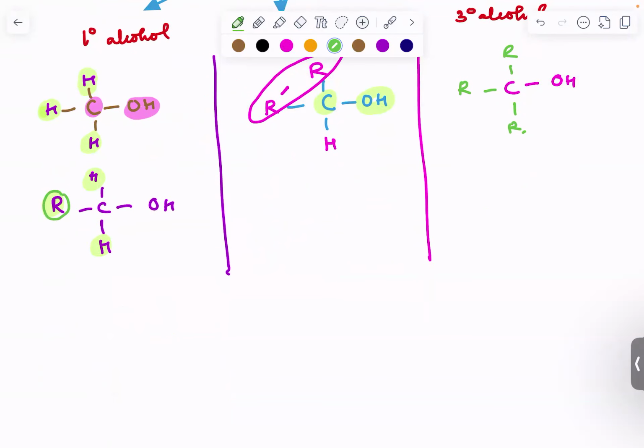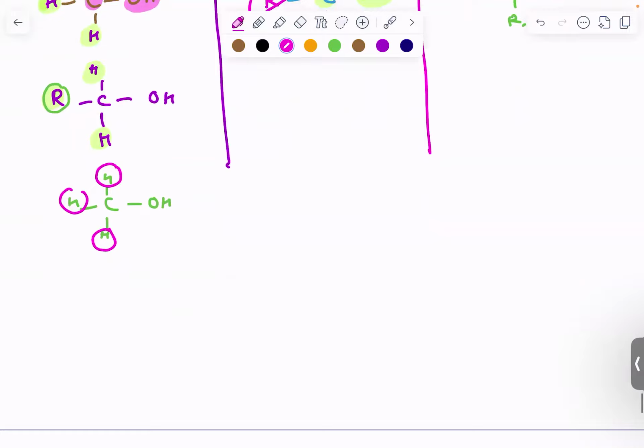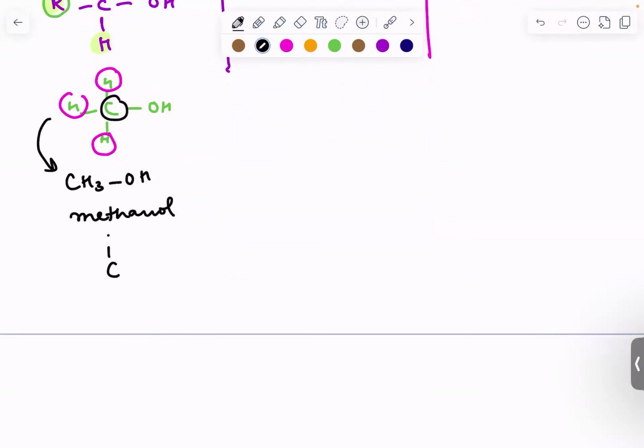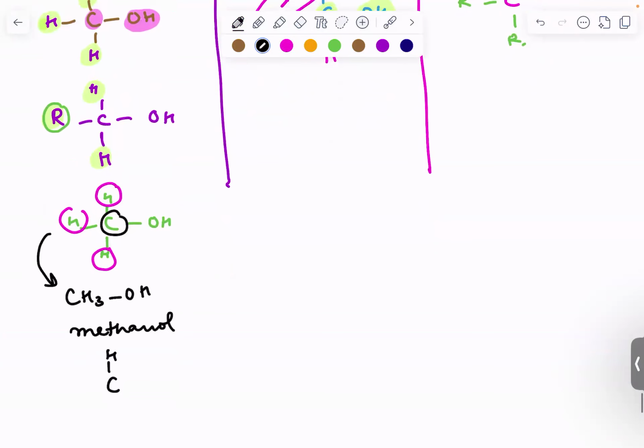The example of primary alcohol could be the simplest one. The OH is linked to the carbon atom, which in turn is linked to three hydrogens. So this is CH3OH, called methanol because there is only one carbon. Another example: as I gave you here, two are H and one is an R group.